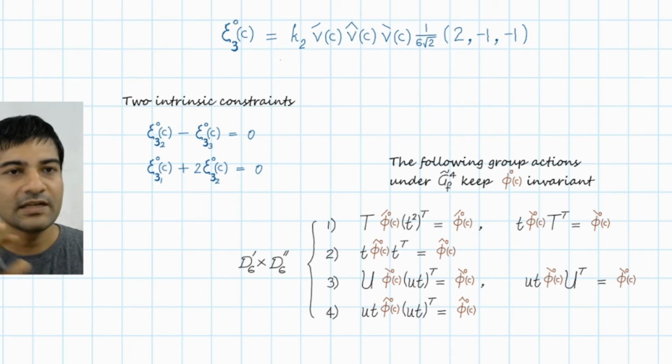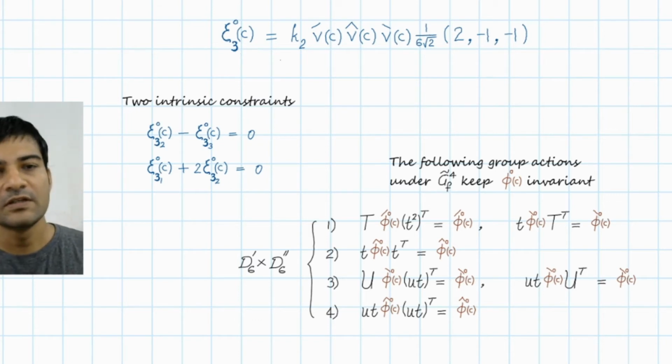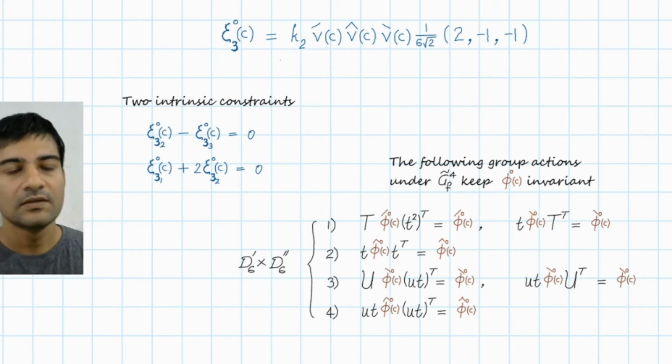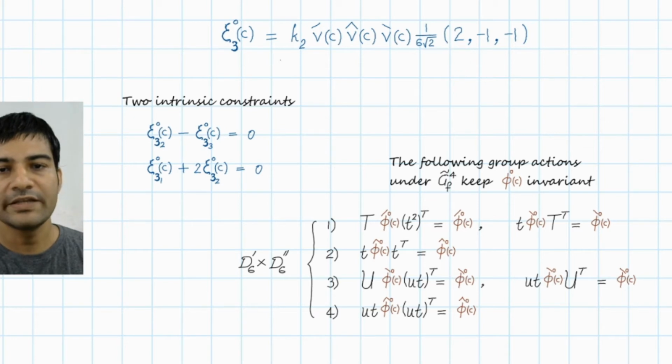Information about their relative orientations gets encoded into these components of the effective field Xi30Z, which leads to this second intrinsic constraint. That is, the first component is twice the negative of the second component or the third component.